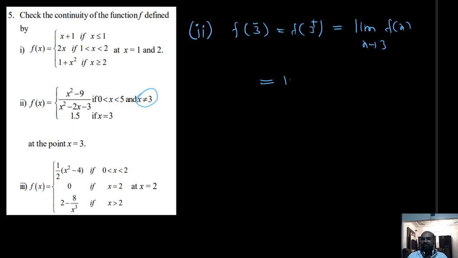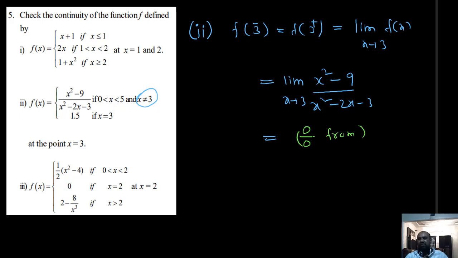So the limit of x square minus 9 by x square minus 2x minus 3, as x tends to 3. Students, this is now 0 by 0 form. You can use L'Hopital or you can use factorization, or any way you can find the limiting value. So here I am using the factorization method now.